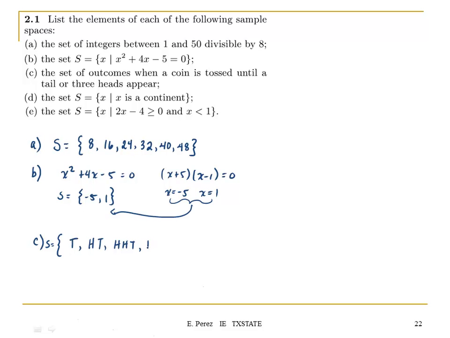And finally, 3 heads. Those are the only outcomes for that experiment. Okay, so you stop when you find a tail, or you stop when you get 3 heads in a row. Okay, any questions?